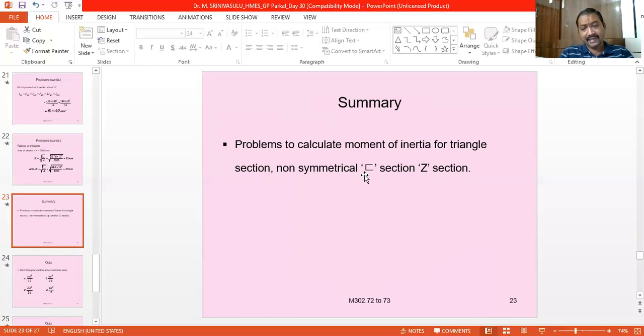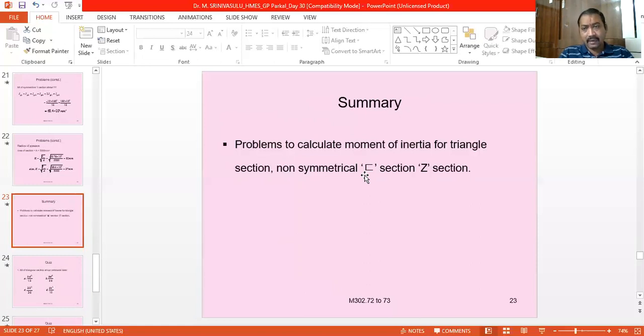This knowledge can be applied to other similar problems to find out the moment of inertia of any composite sections. Now we have covered all the sections, and with this knowledge we are able to find out the moment of inertia about XX or about YY or about both, of any given composite section.